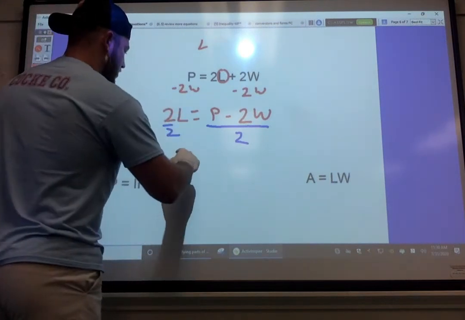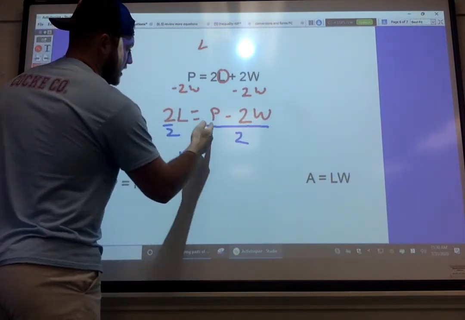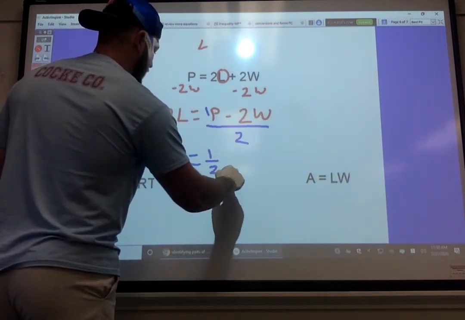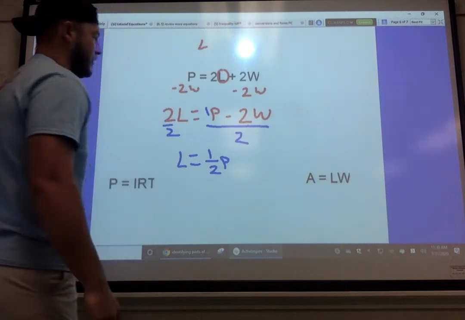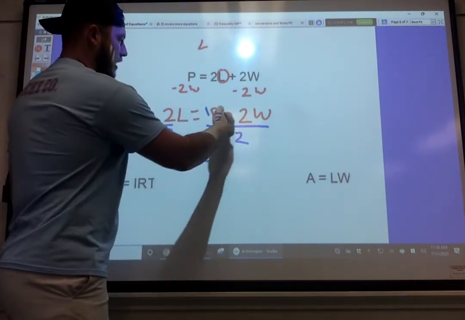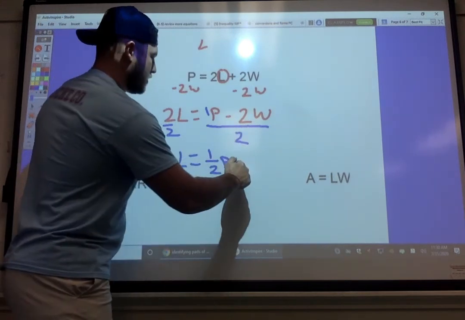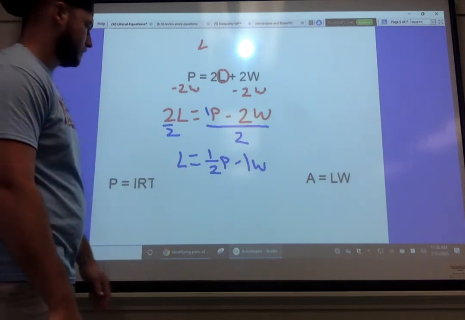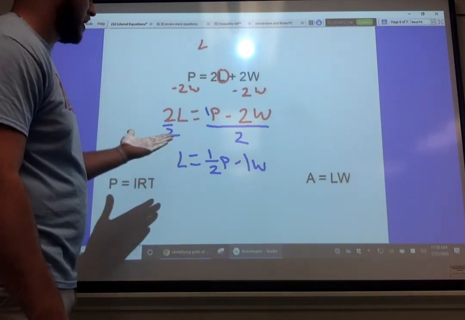So when I divide by 2, I'm technically saying 1 divided by 2. So that's a 1/2 P. And then over here I've got a negative 2W. Don't forget about your negative. So negative 2 divided by 2 would be a minus 1W, or just minus W.